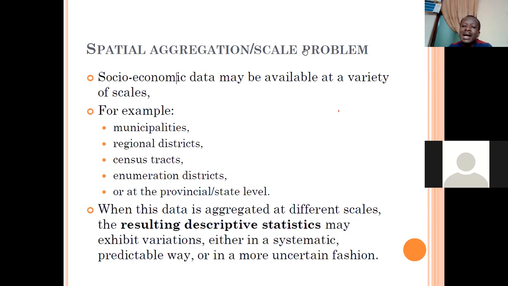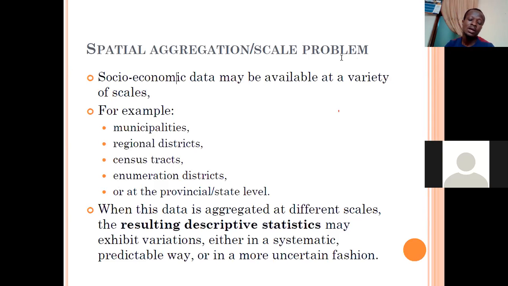But we are talking about the problem with aggregating data into different scales. So the region is at a certain scale, different from the district. The region is bigger than the district, so every region contains several districts.